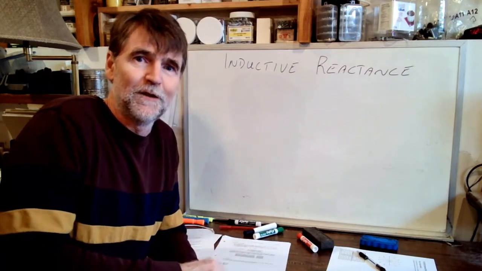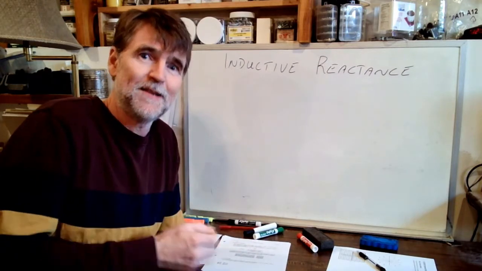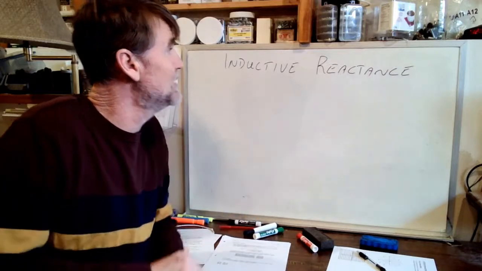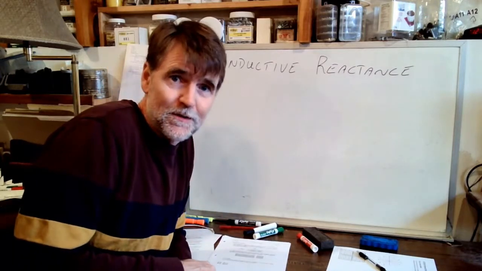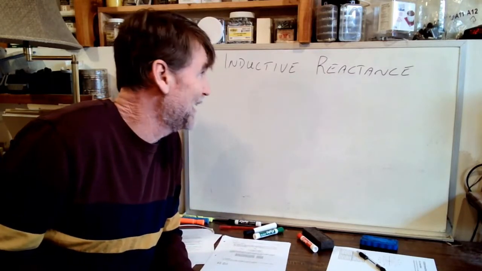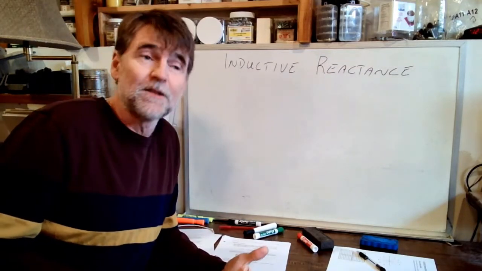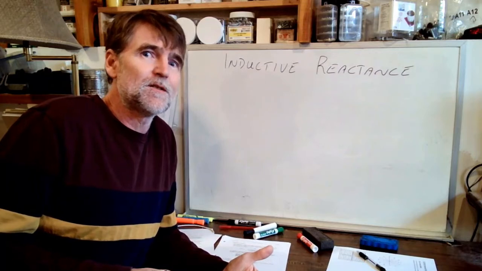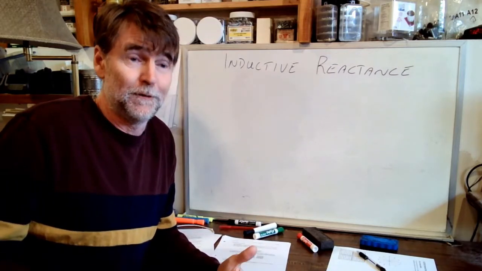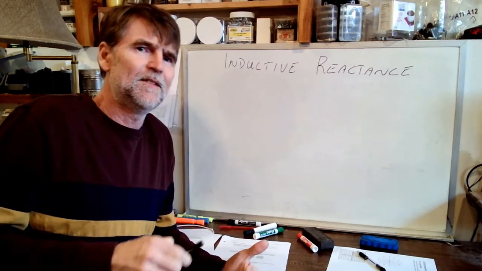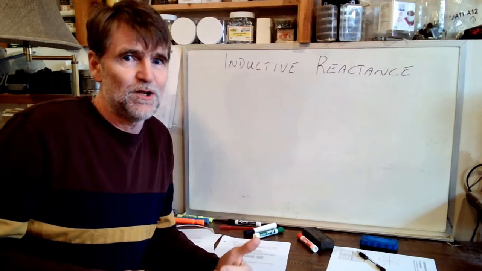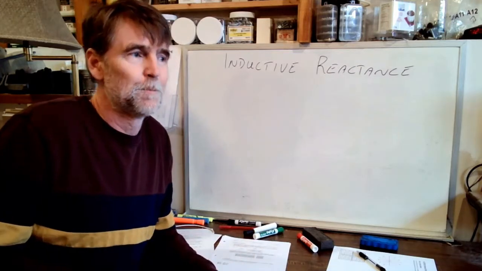Okay, so this is going to be a fairly short video. The next piece of the puzzle is this idea of reactance. So there's a new word for you, reactance. Now, I told you, and it was on the test, that if resistance is an opposition to current flow, then inductance is an opposition to a change in current.